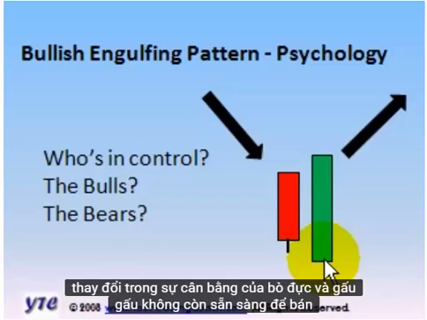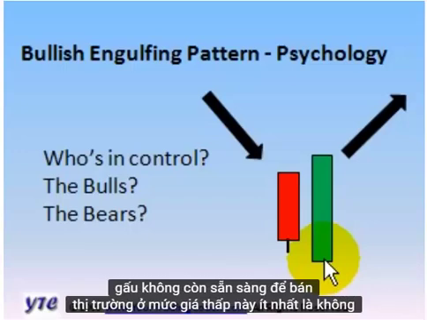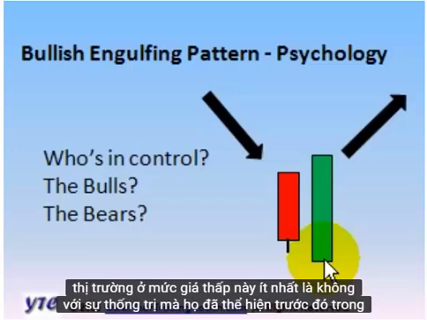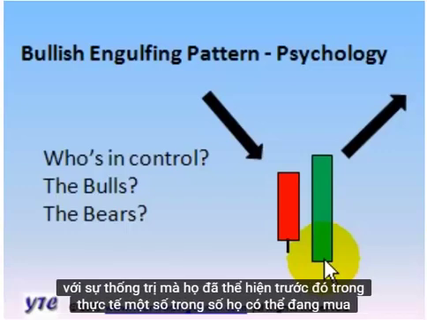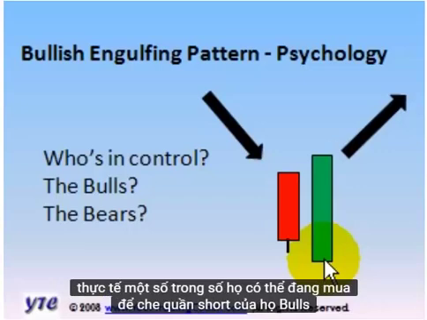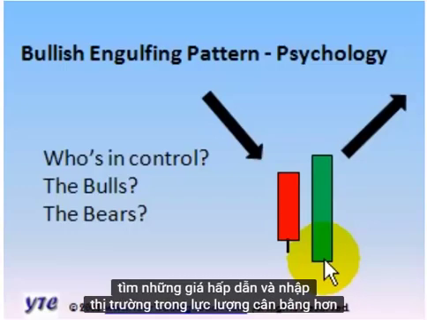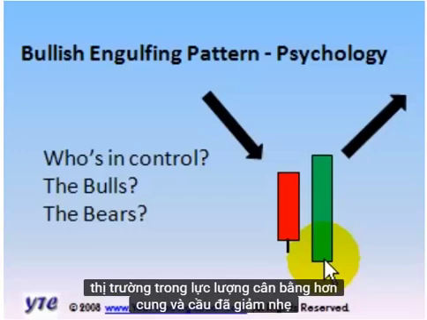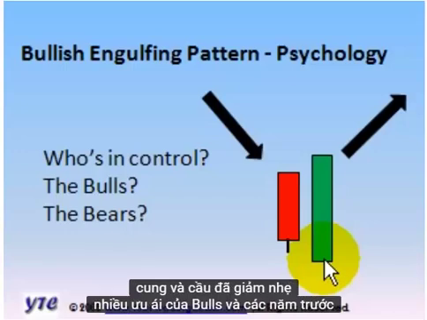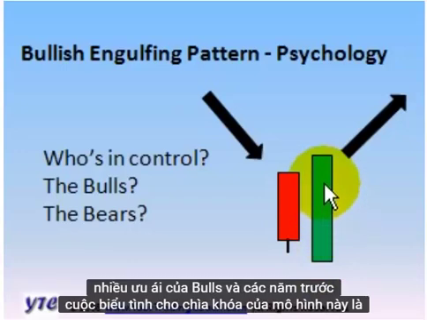Bears are no longer willing to sell the market at these low prices, at least not with the dominance they showed before. In fact, some of them may be entering a buy order to cover their shorts. The bulls find these prices attractive and enter the market in more force. The balance of supply and demand has tipped slightly more in favor of the bulls, and price rallies.